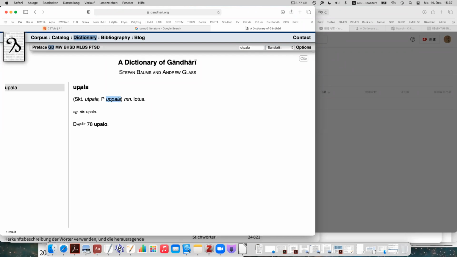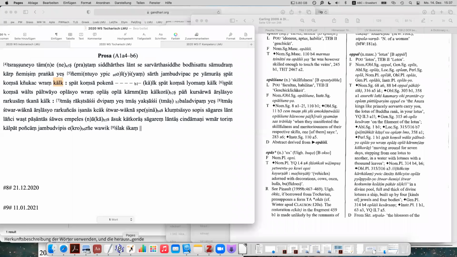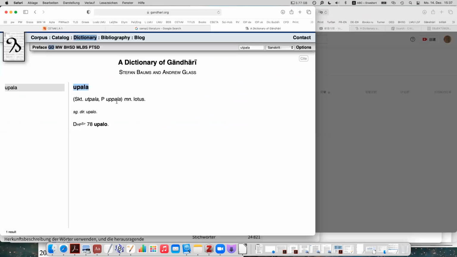Okay, but in Gandhari it's a simple p, upara. So I think the form with double p probably goes back to Pali. Okay, so Pali. And the sound change of u to o, I think it's quite natural, because o in double p is pronounced as a short o. Yeah. A short o is quite similar to u, I think.